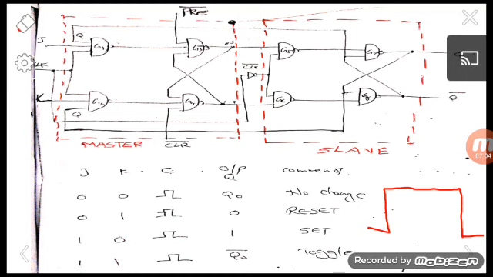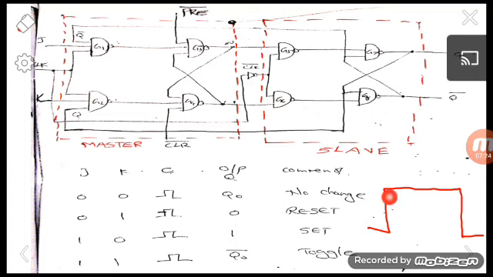The clock pulse is given here to the master, and the clock pulse of the slave flip flop is given through a NOT gate. So clock bar is given to the slave.